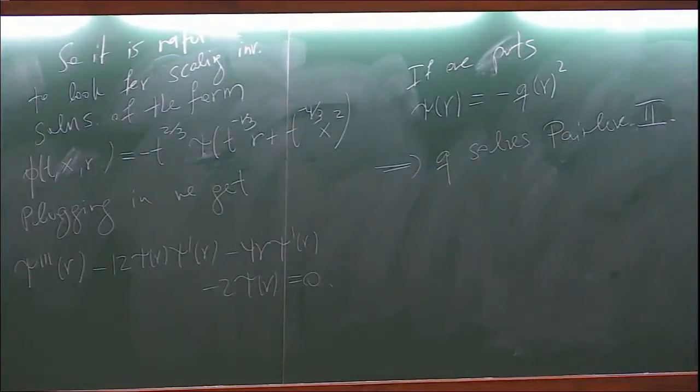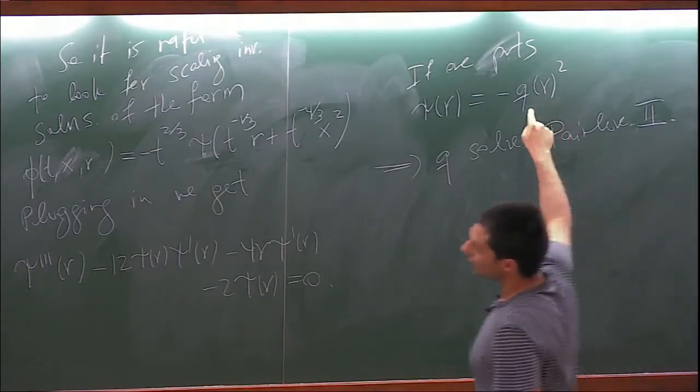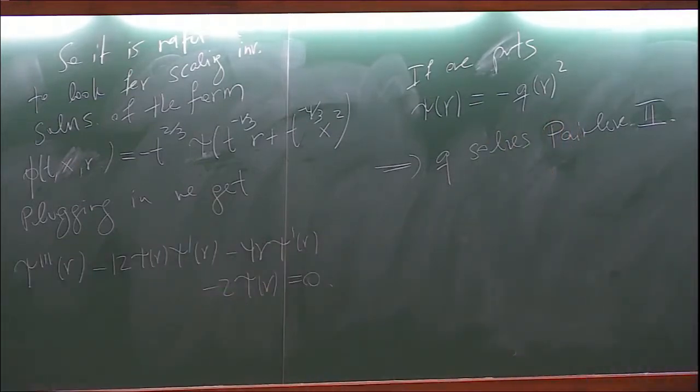You can check. And this q squared here is exactly this q squared there. It's exactly the same thing. So if I take this and I take the log and I differentiate twice, I get q squared, minus q squared.